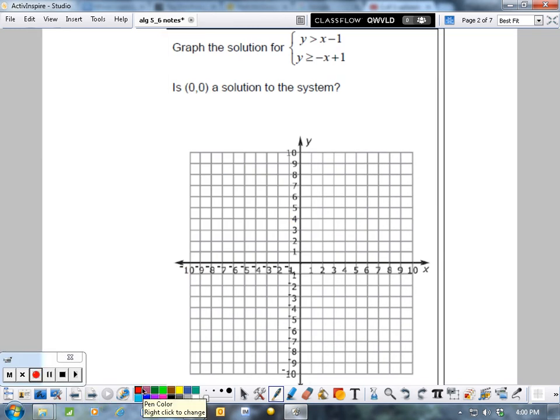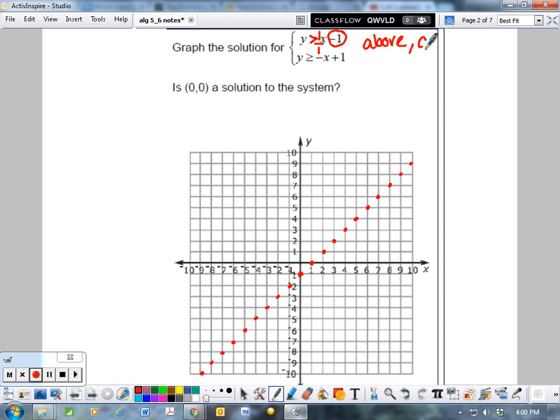We're going to go ahead and graph in red for this one. So I have negative 1. I'm going to start on my y-axis. And then my slope is up 1 over 1. And then because my symbol is greater than, I'm going to shade above the line.